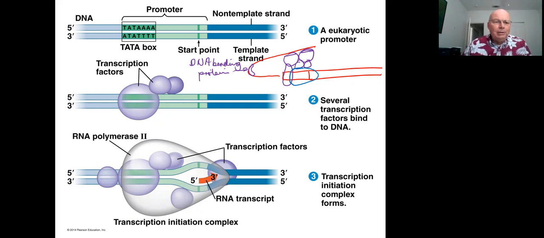So the ability to turn on multiple genes all at once depends on the transcription factors that bind to particular enhancer sequences and therefore activate particular genes. And different combinations of transcription factors control different families of genes.